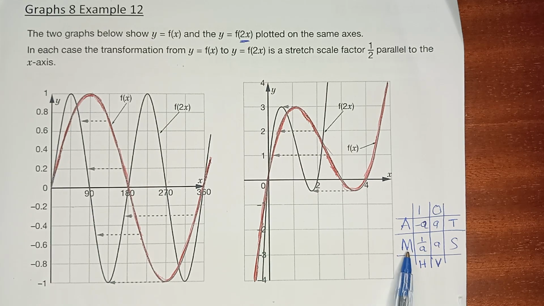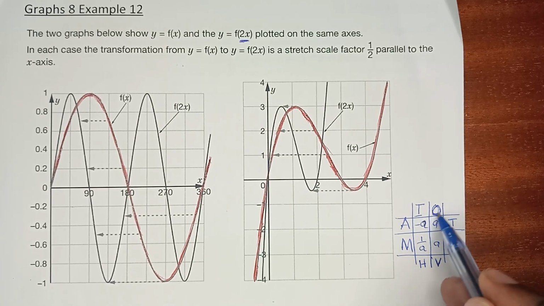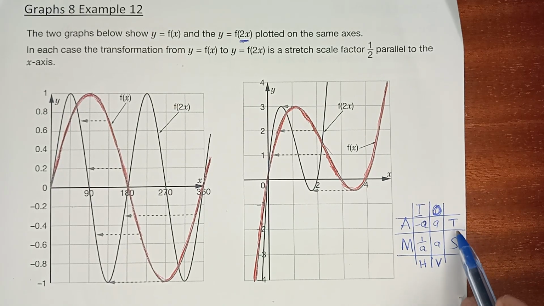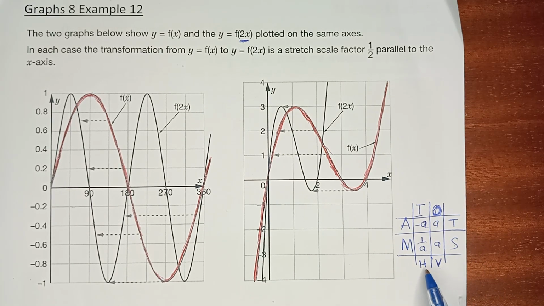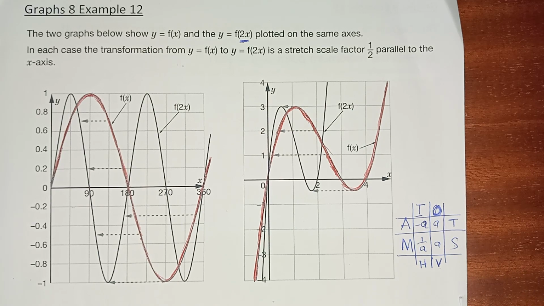M means multiplication, A means addition, I means inside, and O means outside. T means translation, S means stretch, V means vertical, H means horizontal. Minus a, 1 over a, and a are all parameters of transformation. I will explain them in this question as well.